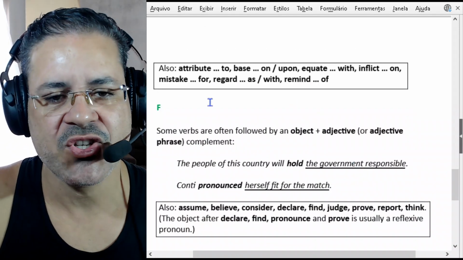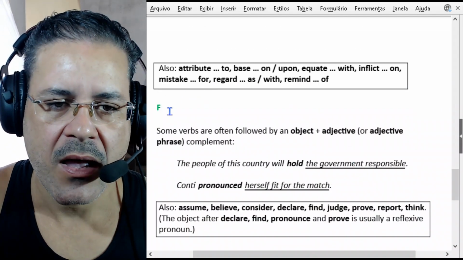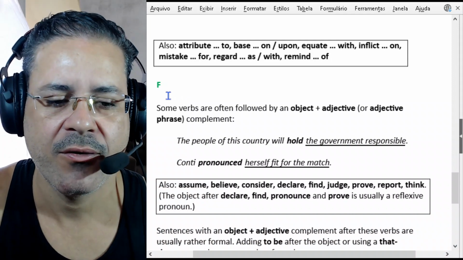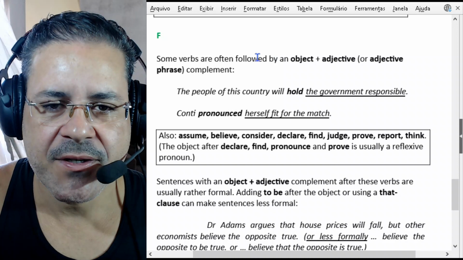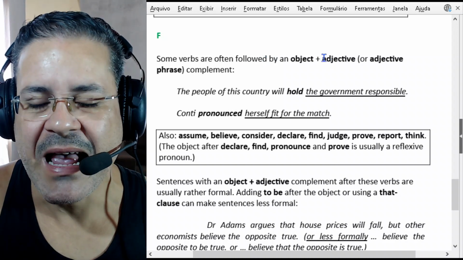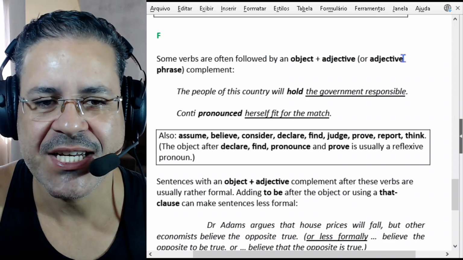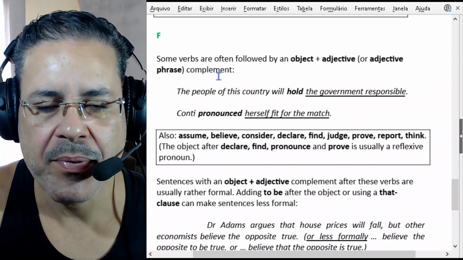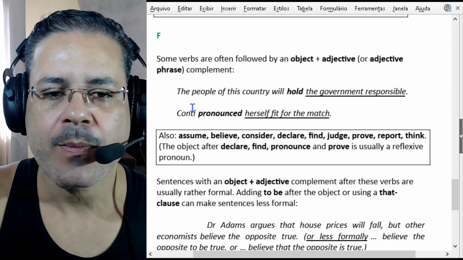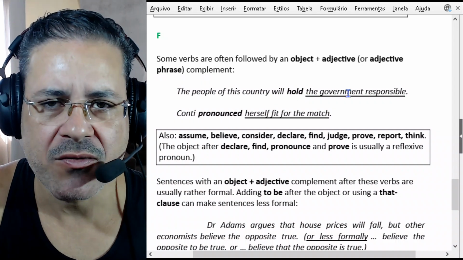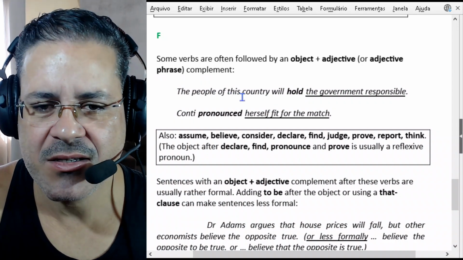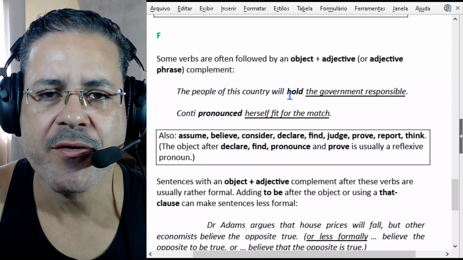Okay, moving on to section F, or f sound. Some verbs are often followed by an object plus adjective or adjective phrase complement. For example, the people of this country will hold the government responsible.